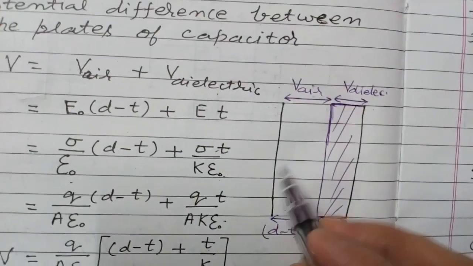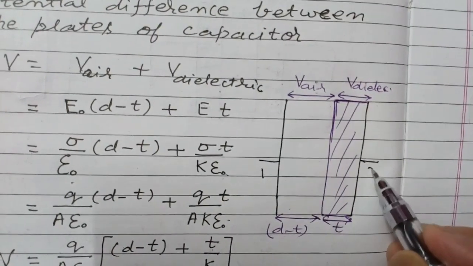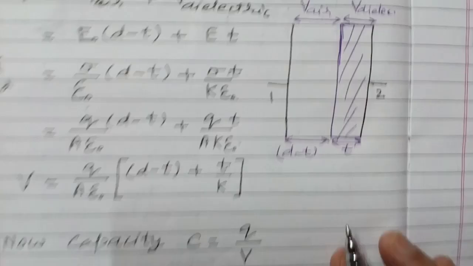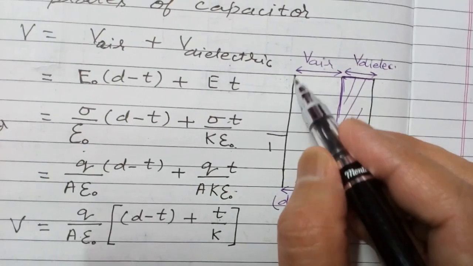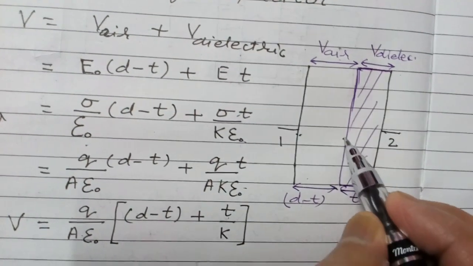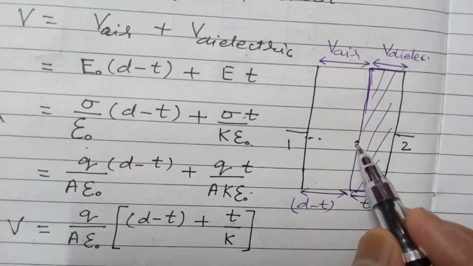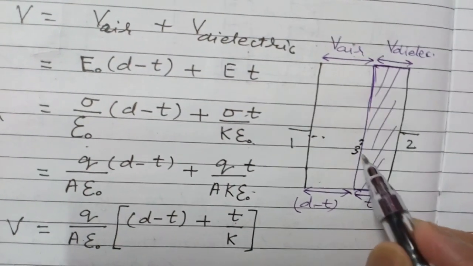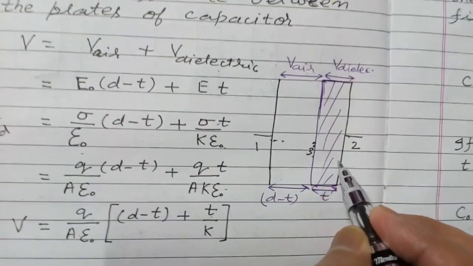So the potential between plate number 1 and plate number 2 can be calculated in two parts: the potential between point 1 and point 3, which is V air, and the potential between point 3 and 2, which is V dielectric.